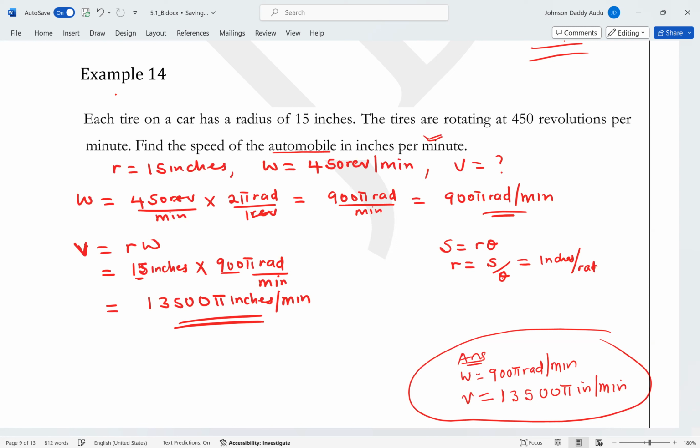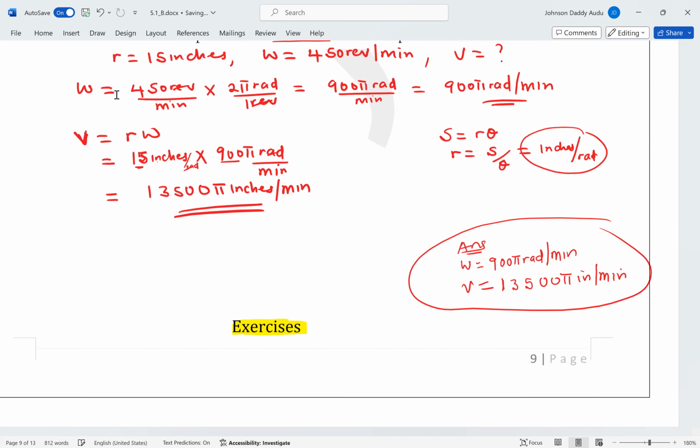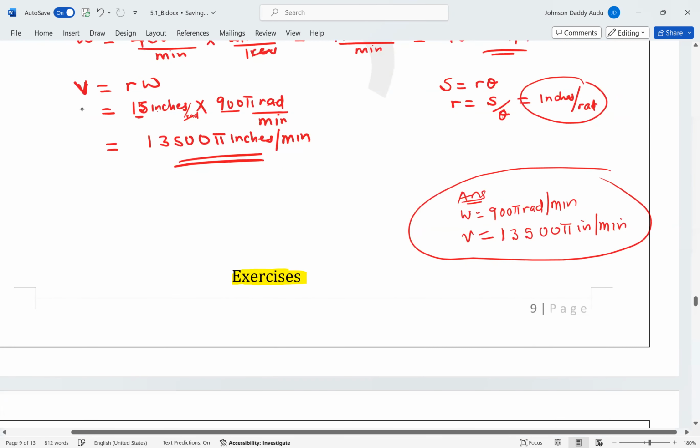So when we put inches here, we can even write it as inches per rad, so that this rad will go with this rad. So take note of that. That is why the rad always disappears, because it comes from here. The inches is for each rad, right? Each radian angle.